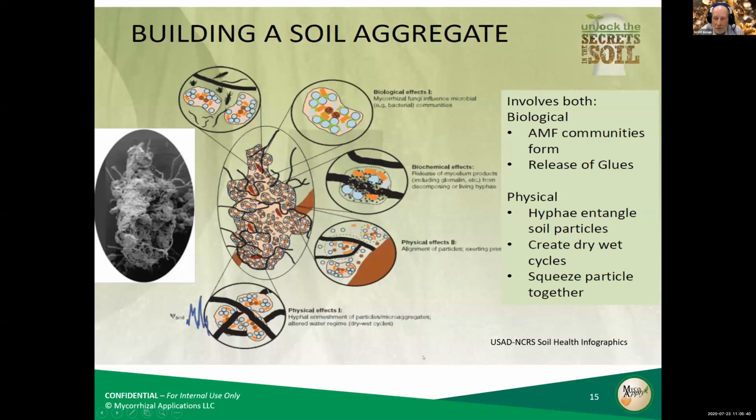So here's a key thing from the USDA about building a soil aggregate. The formation is a slow process of the mycorrhizae producing the glomalin. It's called soil glue. It was first identified by the USDA out of Champaign-Urbana in the mid-90s, so it's not that old.